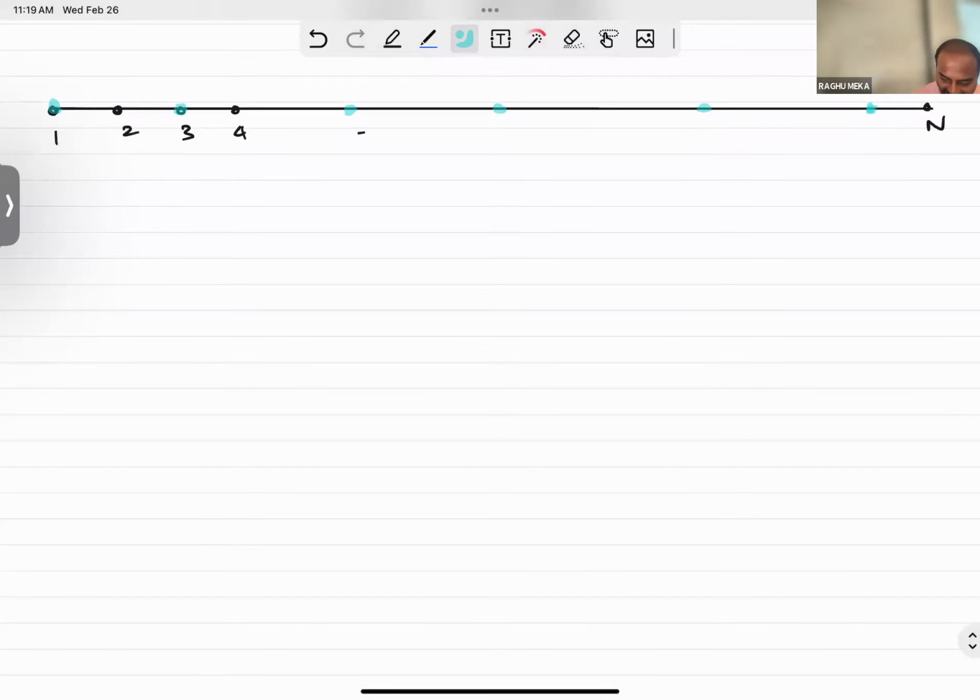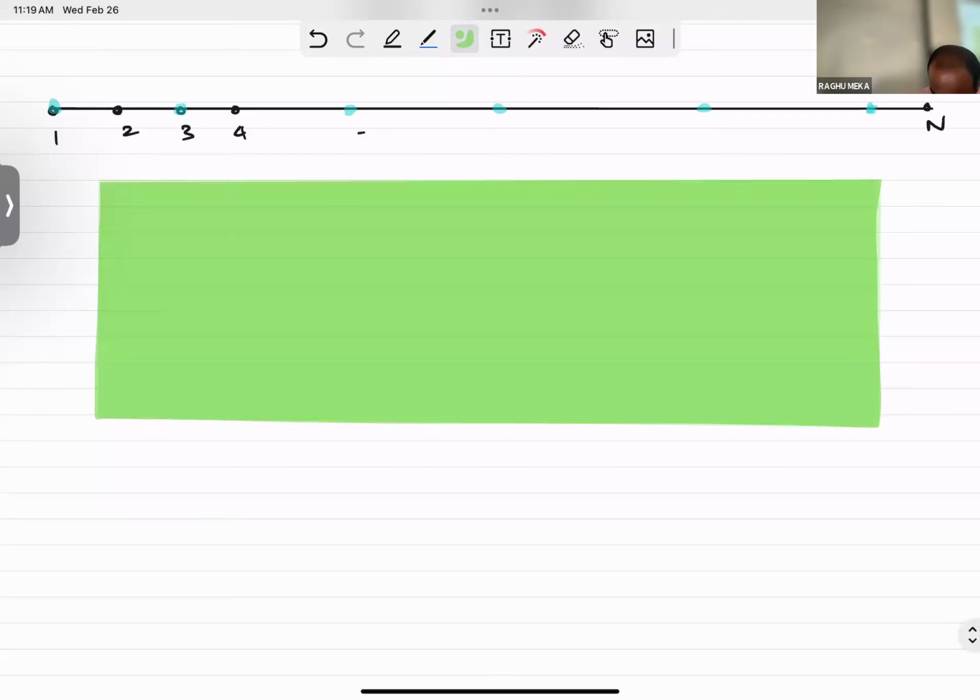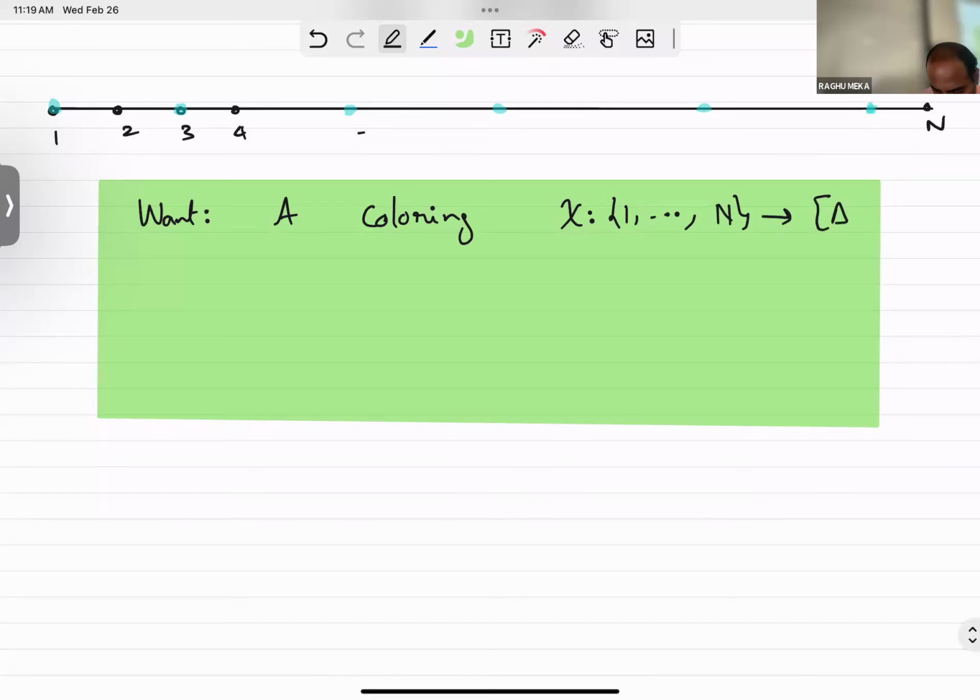Okay, concretely, they said what I really want is a coloring. Give me a way to color the numbers from 1 through n with as few colors as possible, such that there is no monochromatic 3AP, meaning there are no 3 numbers which have the same color and form a 3-term arithmetic progression.